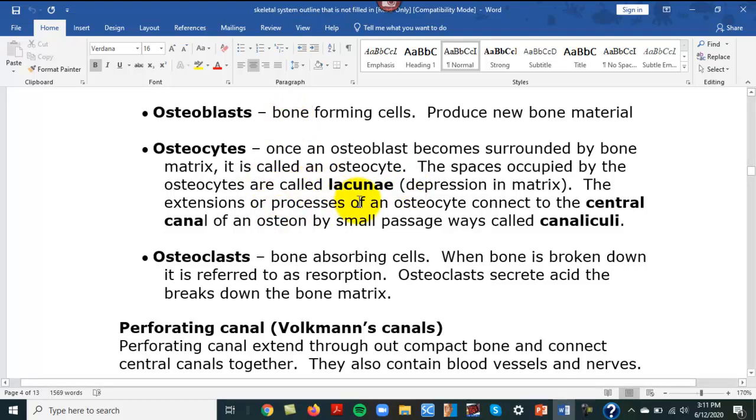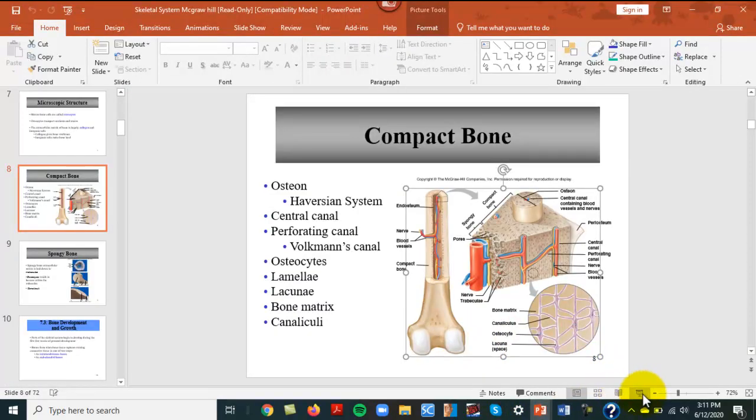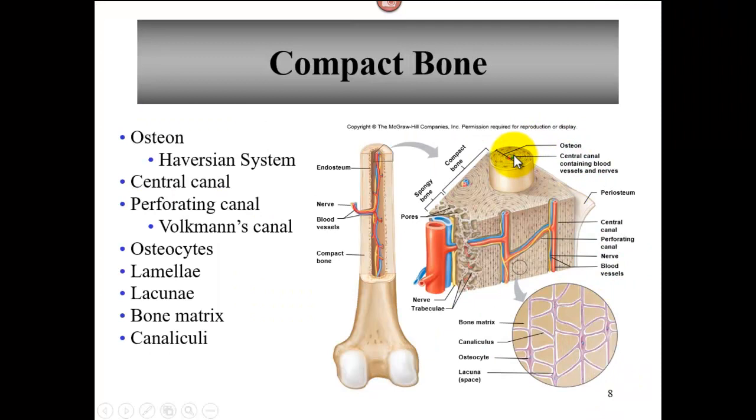And I showed you the lacuna, the central canal, the canaliculi. Once again, I'll blow this up. So there's the central canal there, and there's two more central canals. The canaliculi are little bitty lines that connect the lacunae that have the osteocytes, and these are osteocytes.